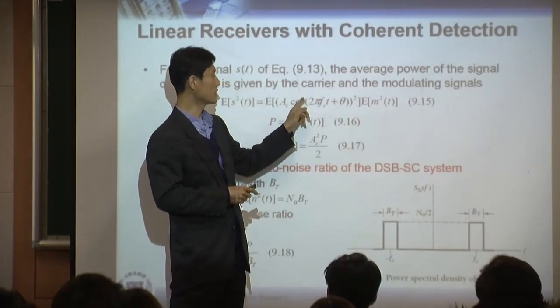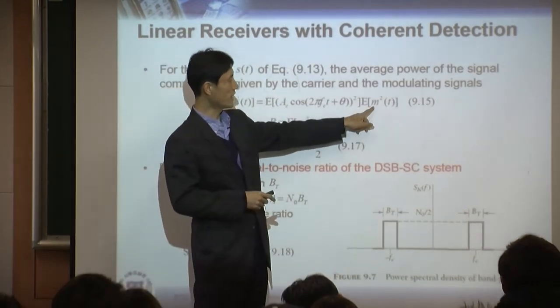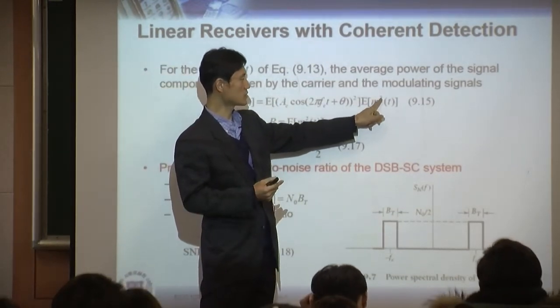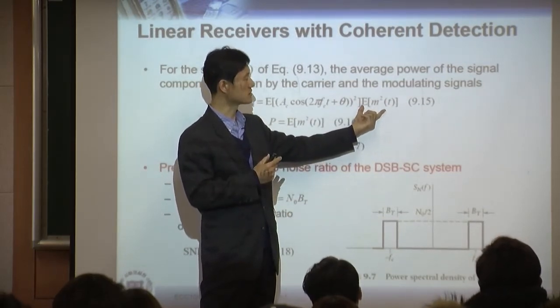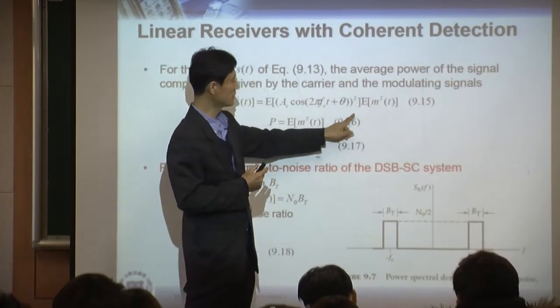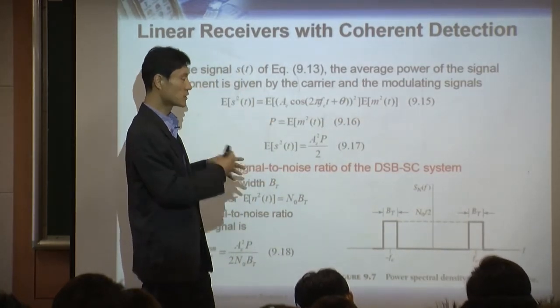And s(t) in the DSB case is going to be Ac m(t) cosine. So you would simply square. We know that Ac is a constant, so that's going to be squared. And m is your message, so the expectation of m squared is the average power of the original message. Typically we can just put it as P, every time.